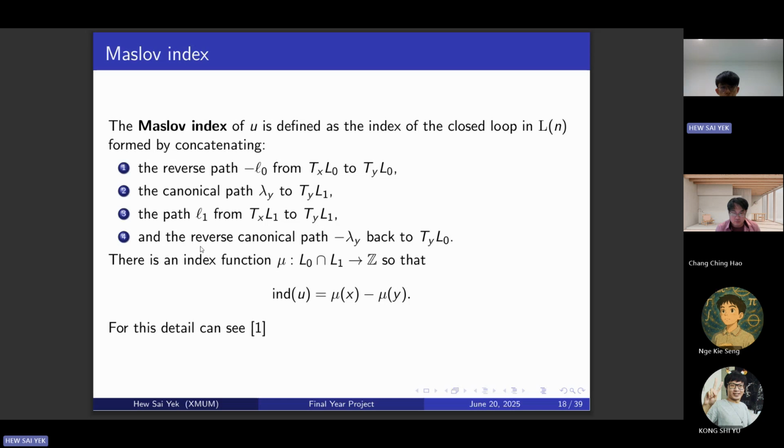Finally, the reverse canonical path goes back to T_x L0. So we define the Maslov index of u as this loop. And then more generally, there is an index function such that the index of u equals mu(x) minus mu(y). So we define mu(x) as the Maslov index of the point.